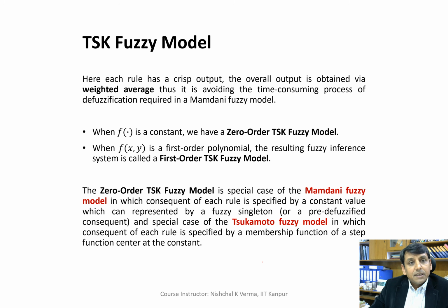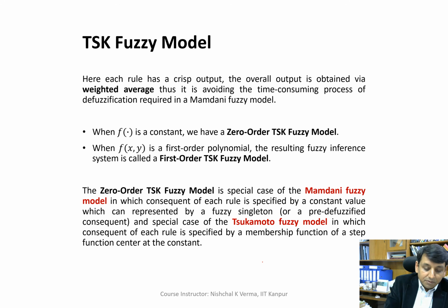Each rule has a crisp output in terms of f(x,y), as I have just explained. Since every rule is generating some output, the overall output of the TSK fuzzy model, which is characterized by multiple rules, will be the weighted average of these outputs.